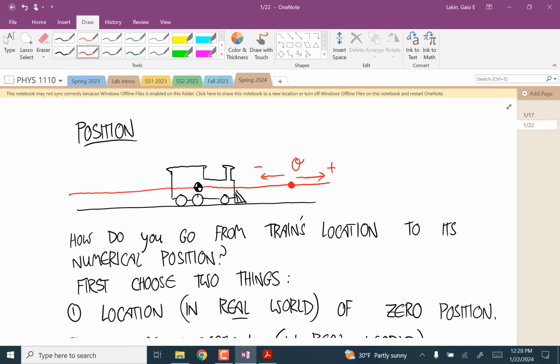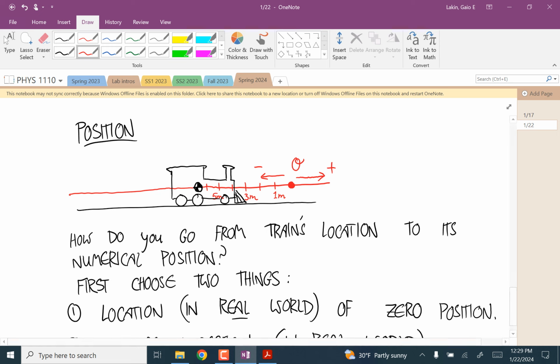Okay, now that I've given that reference and that direction information, now we can measure meters from the zero and give a position. So let's say this is 1 meter, 2, 3, 4, 5, 6, maybe another half meter there. So that's 1 meter, 3 meters, 5 meters.